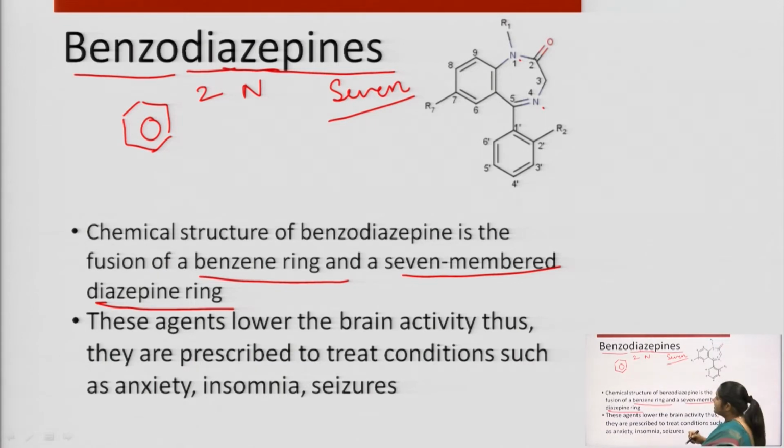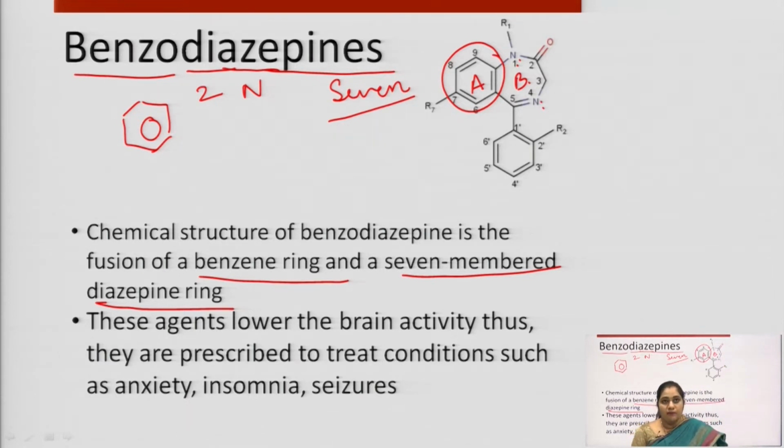Again, we can clearly see this is the benzene ring, ring A, and this is ring B, the diazepine ring, and in this we have 2 nitrogen atoms. When we start numbering, we have 1, 2, 3, 4, 5, 6, 7, 8, 9.